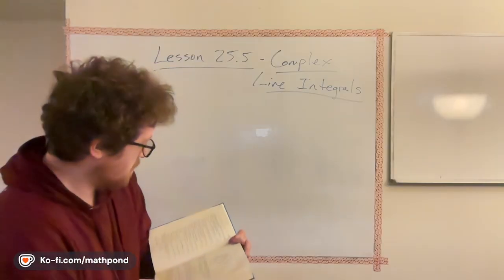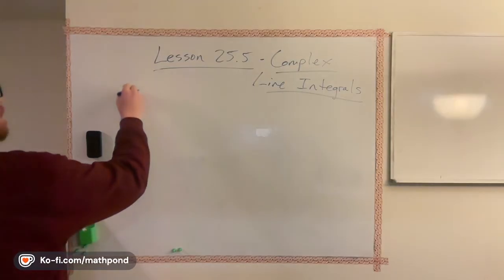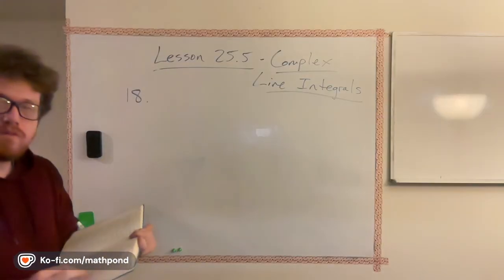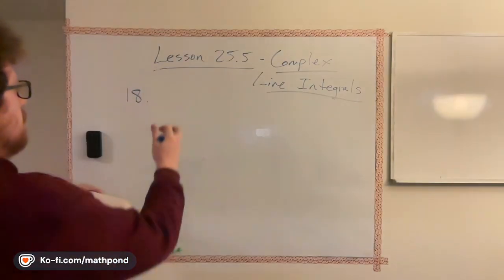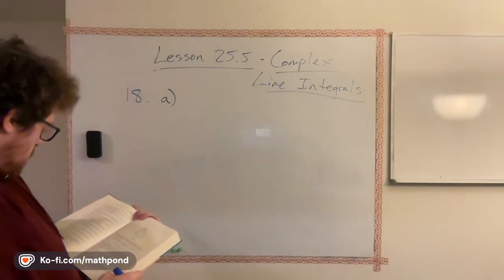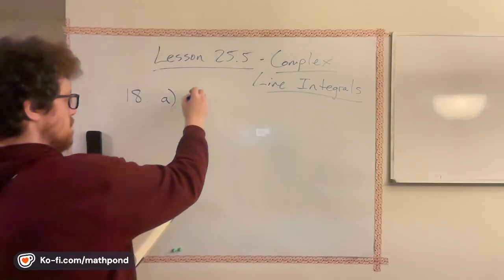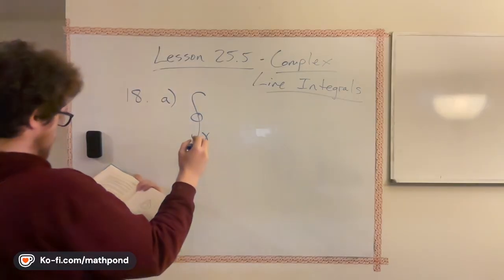Okay, so let me just do one more from the complex book here. This is problem 18. Right, so this is a closed line integral again, along some gamma.